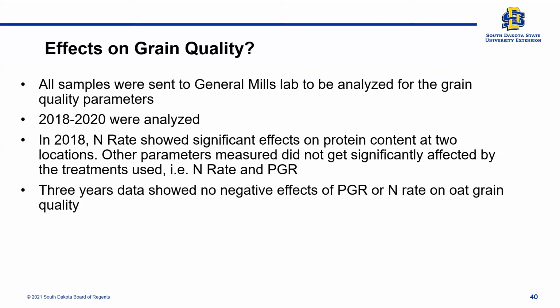So another thing with applying something unusual or something new, we do grow oats for food grade quality, so we like the grain quality up to the mark to market it as a food grade grain. So we sent our samples to General Mills, and they did their standard grain analysis. They usually do on their plots.